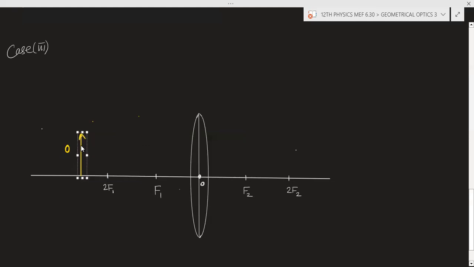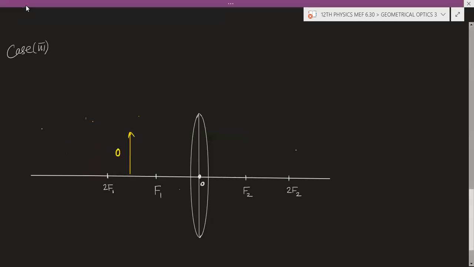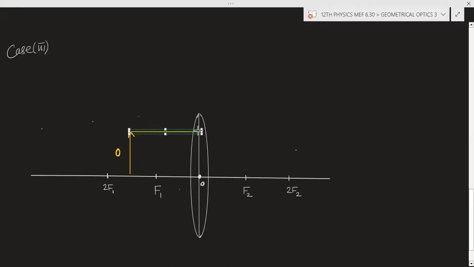So this object we will place here, earlier it was at 2F1, now we are placing this object here. We will draw the ray diagram again. So first ray of light from this object is parallel to the principal axis like this, and after refraction from the lens it will pass from F2.